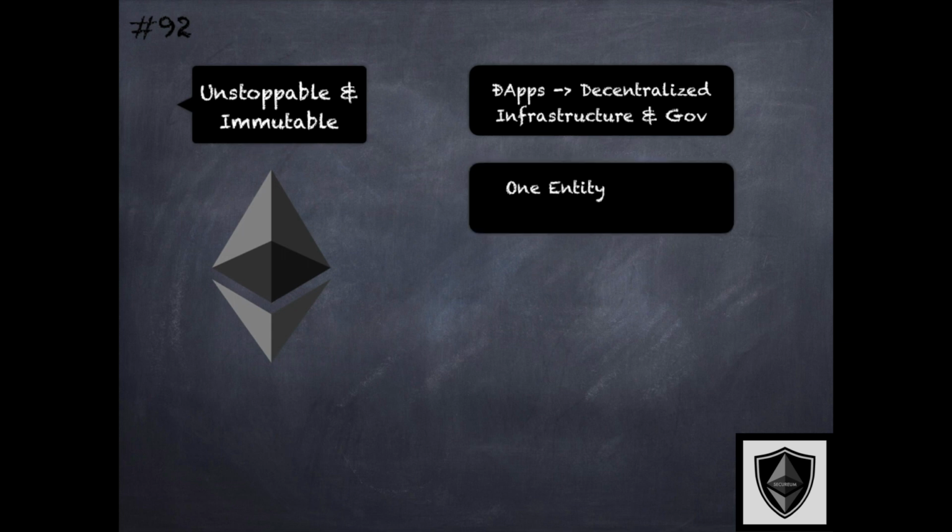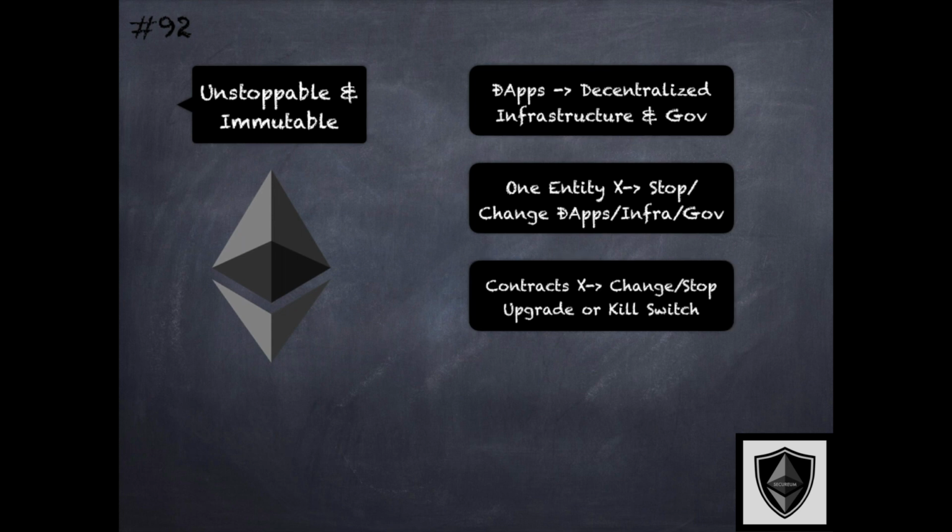So what this means is that there is no single entity that can unilaterally decide to make changes, to start something, to stop the application, be it a dApp, be it the protocol, be it the surrounding infrastructure, or the governance itself. And specifically in the case of smart contracts, there shouldn't be a single entity, and this could be the project team itself that has built out this application, that has built out these contracts. They shouldn't be unilaterally allowed to change, stop, and withdraw funds, things like that.